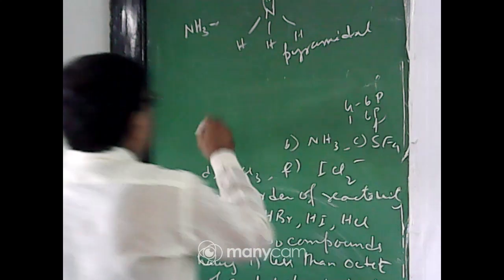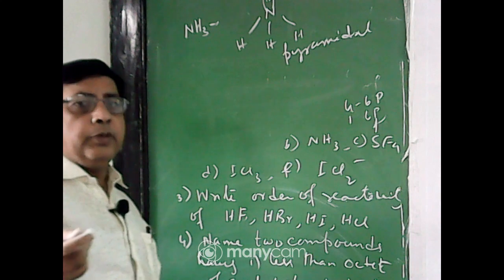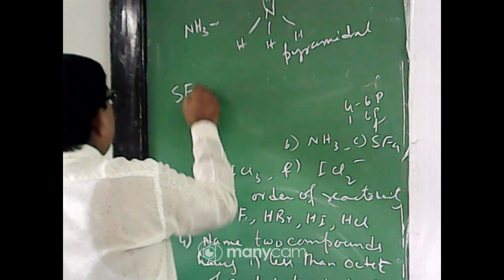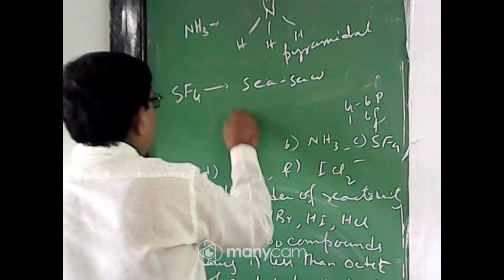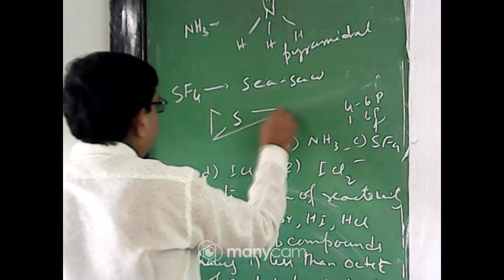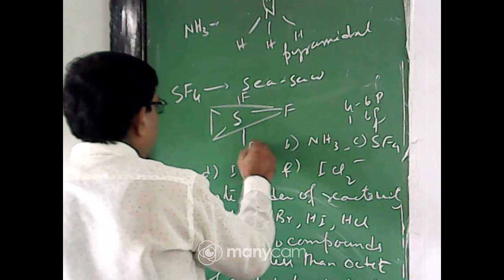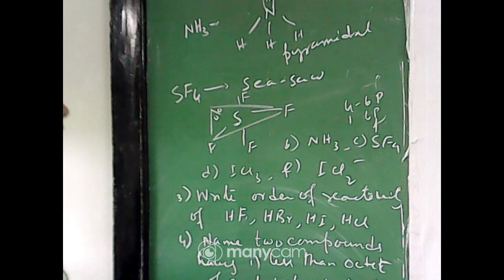So what will be the shape? If all are bond pairs, the shape will be trigonal bipyramidal, but 1 is a lone pair. So the shape will be seesaw. SF4, shape is seesaw. This is the S. Here F, F, F, F, 1 lone pair. Yes, this shape is called seesaw shape. Okay.